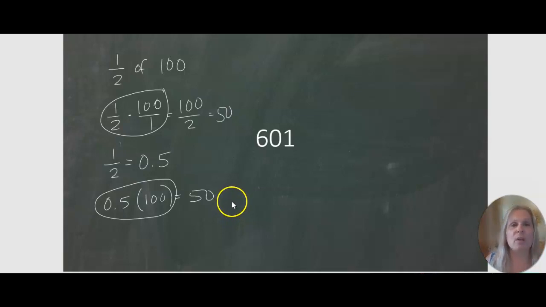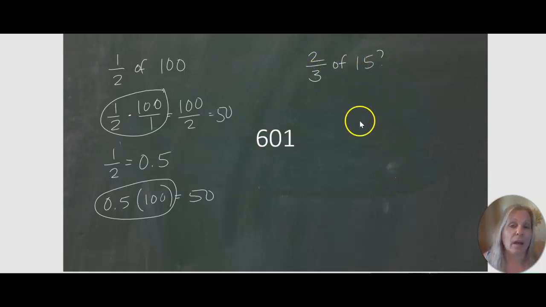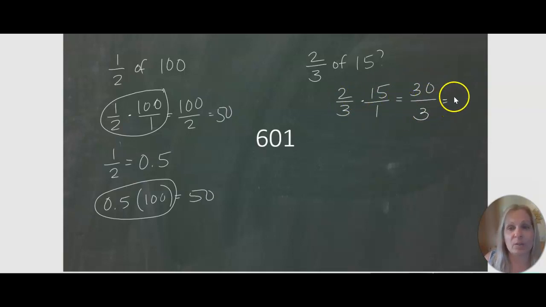Let's try another one. What if I wanted to find 2/3 of 15? I would multiply 2/3 times 15. That would give me 30 over 3, which is 10. In this case, I wouldn't convert 2/3 to a decimal because this is one of our repeaters, right?